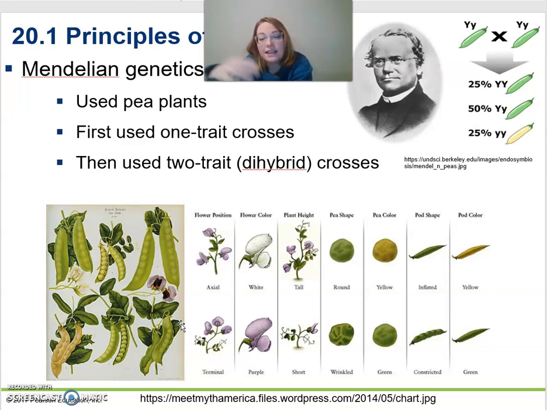So he would look at then those crosses and see what the percentages were of peas with the different traits. So he could look at how the flowers were positioned, the color, the height, the pea shape, the color, the pea pod shape, the pea pod color. So all of those are controlled by individual genes, and he learned a lot about predictions of percentages. You can't really do this with people very well because they would have to have a lot of kids to get like accurate representations.